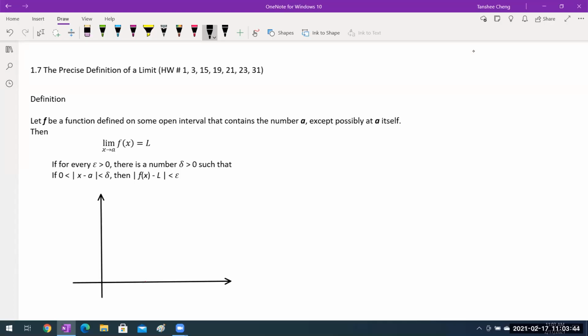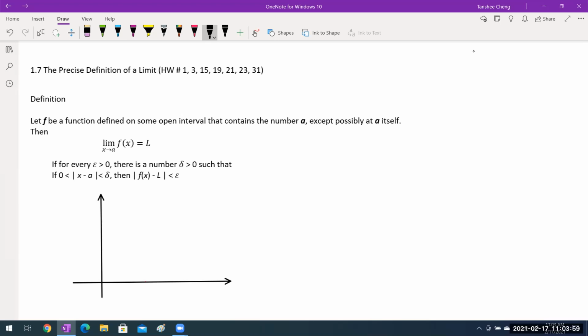1.7 Precise definitions of limit. In 1.5, we get into the idea of what a limit represents in a graphical formation.